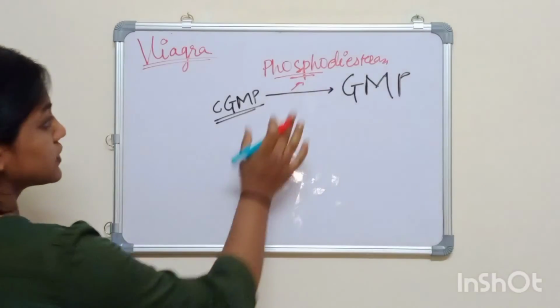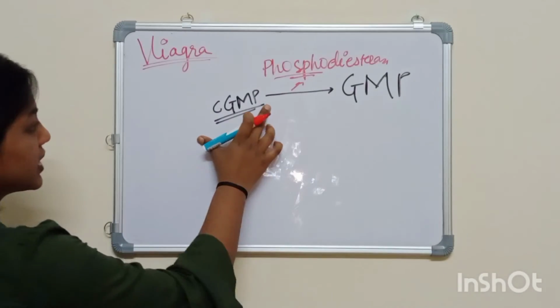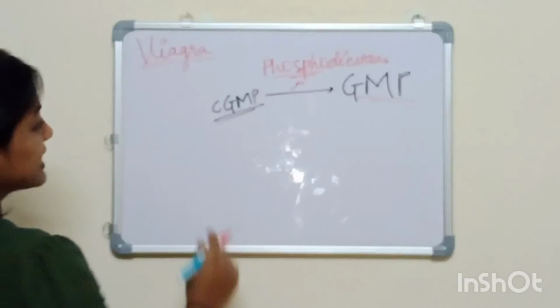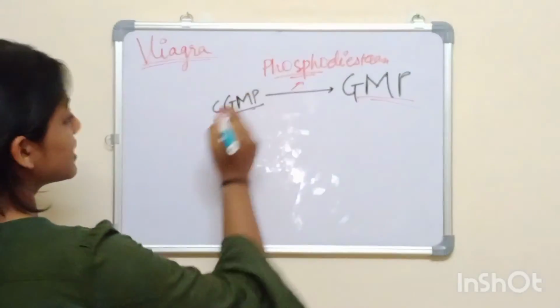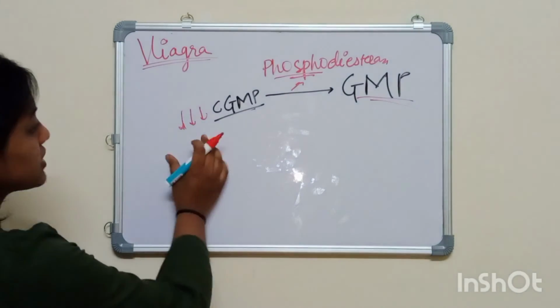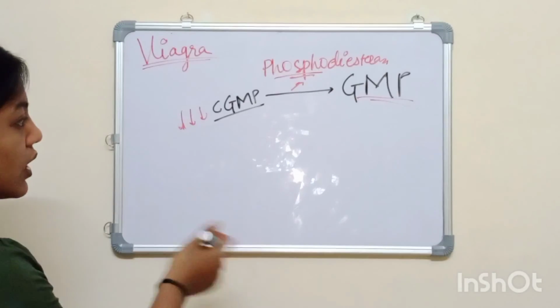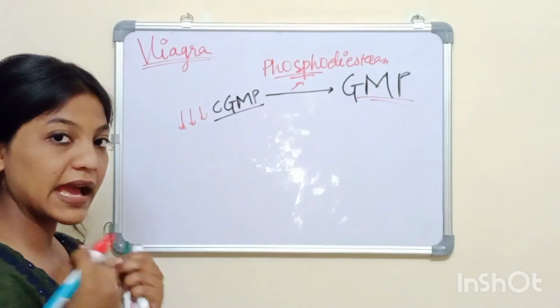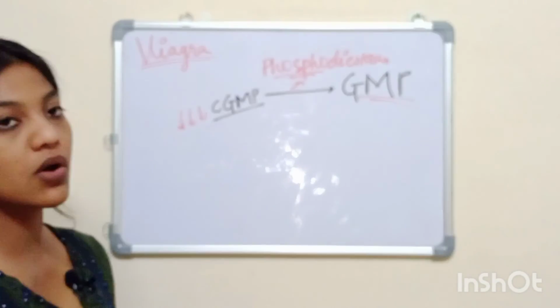It converts cGMP into GMP. As cGMP is converted to GMP, cGMP levels are low. So low cGMP levels will not activate PKG, and if PKG is not activated, vasodilation will not occur.